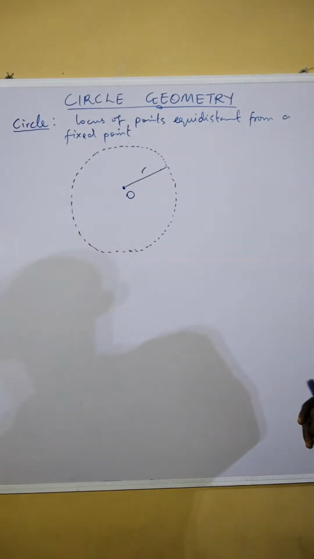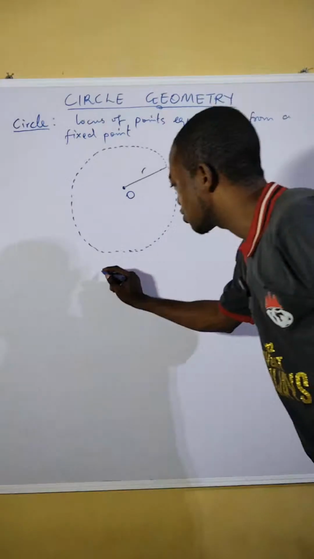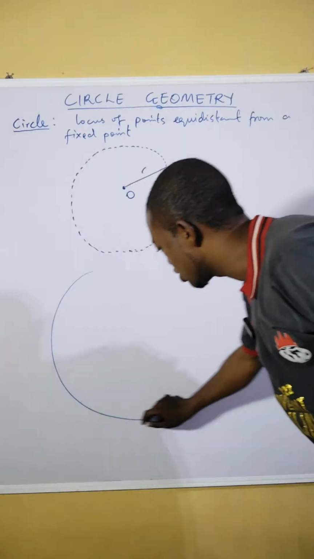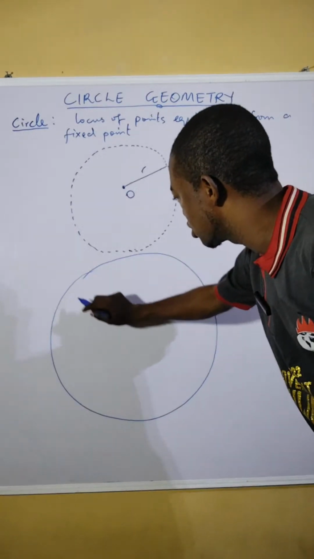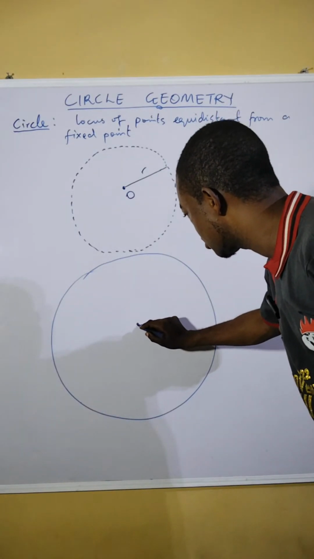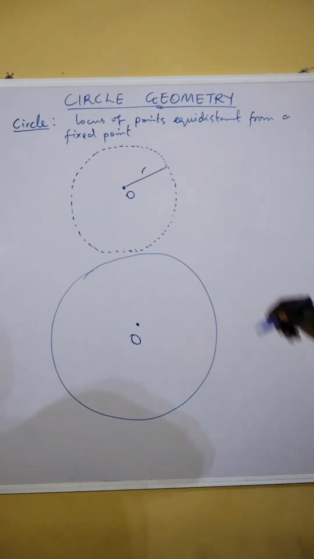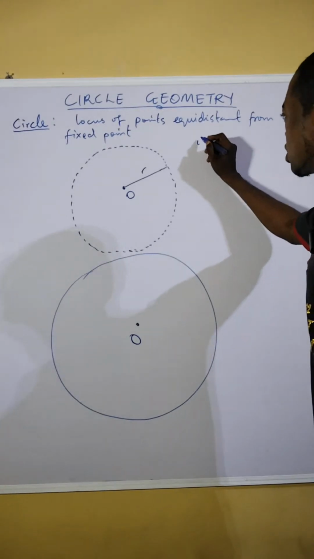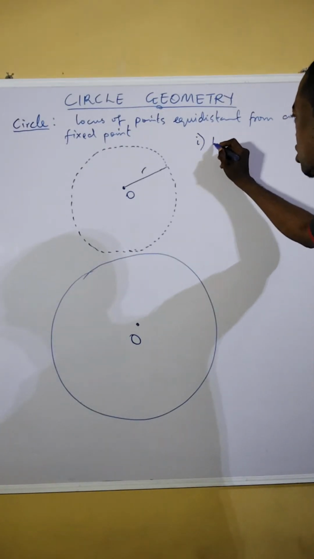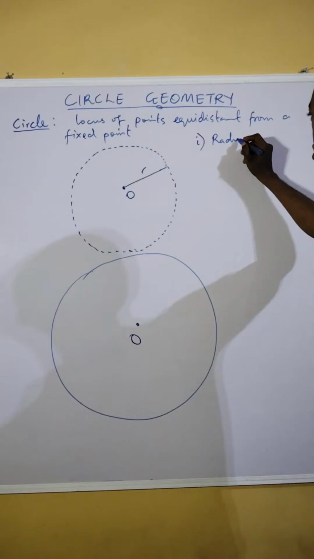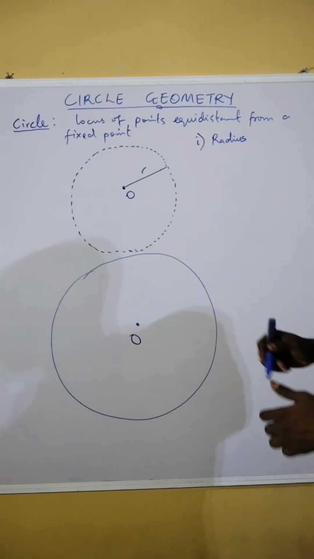And also, we need to identify some parts of a circle. So when we have a circle like this, let's draw a circle again with a center. The first thing that I want to identify here is the radius.